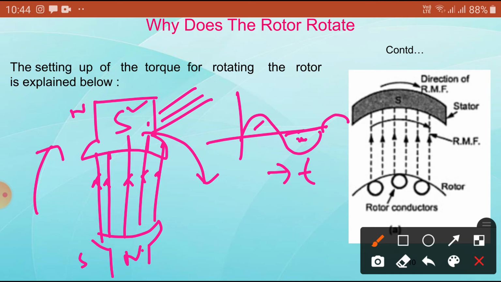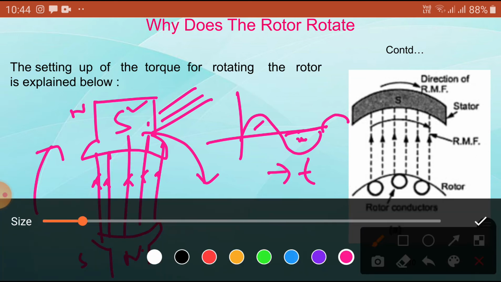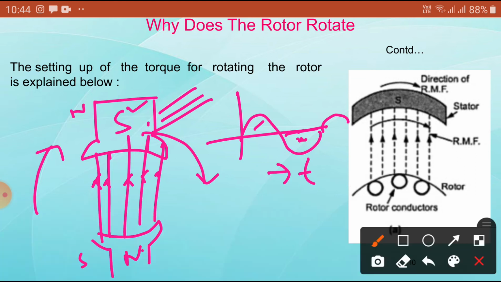Now, there is a rotor inside, as you know. The rotor has conductors, bars or winding. This rotor is swept by the rotating magnetic field.